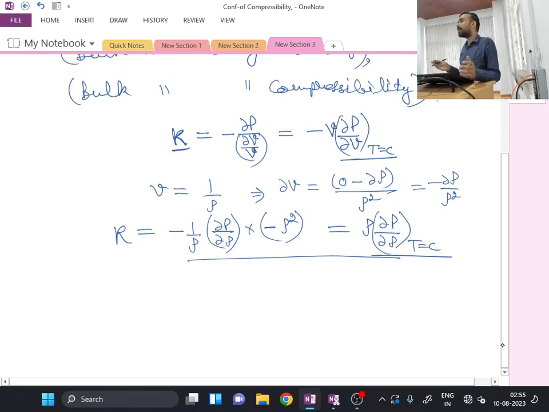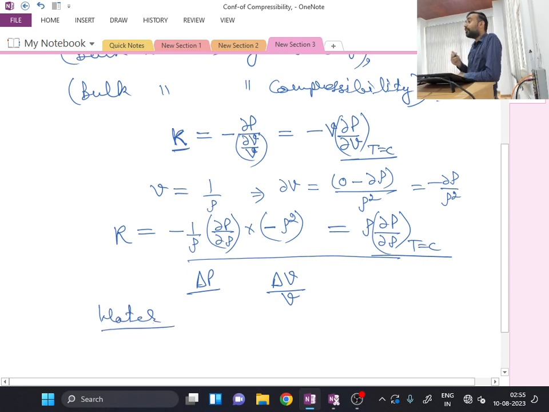If I write it for a finite change, where the pressure changes by a finite amount and the specific volume changes by a finite amount delta V, with original volume V, consider the case of water.